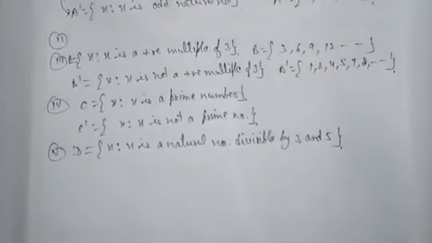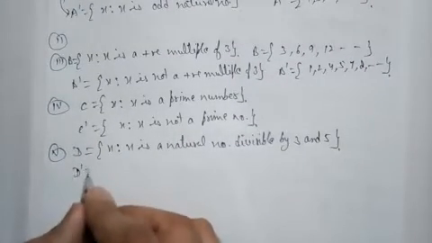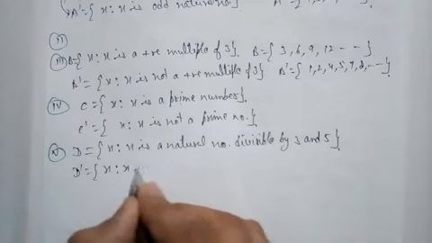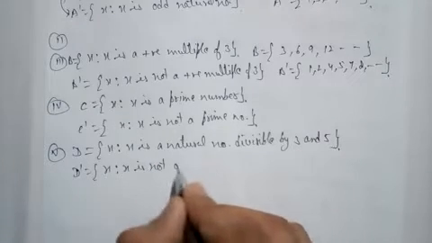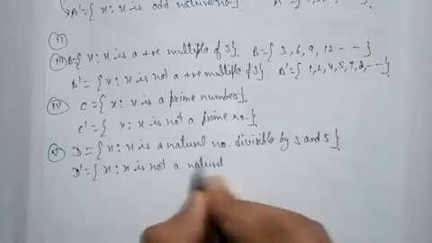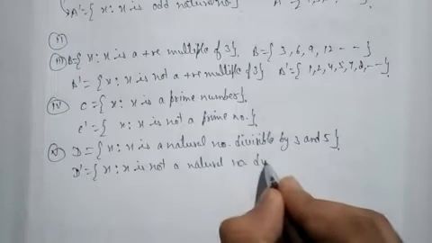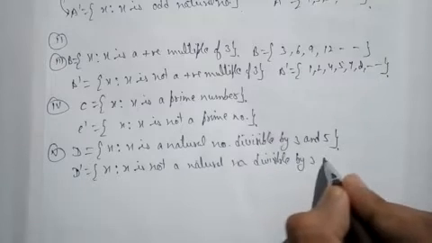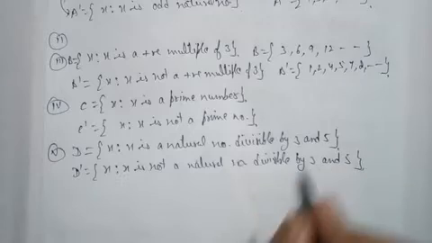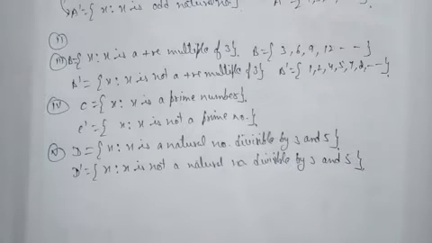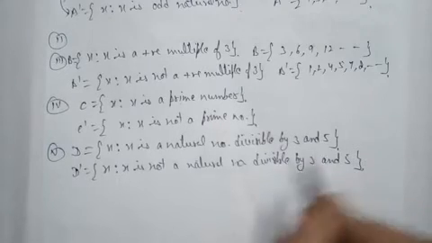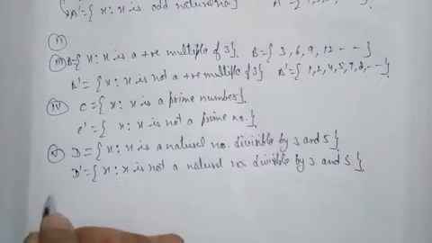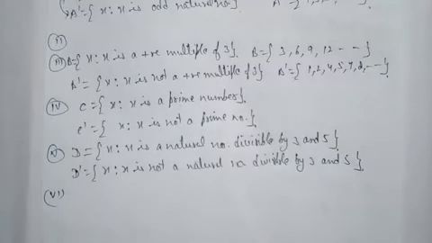If it is divisible by 3 and 5, then D complement is x such that x is not a natural number divisible by 3 and 5. 3 and 5 means divisible by both 3 and 5, means 15 like that, 15, then 30, then 45. If it were 'or', then it would be either one of them, or both could be possible. Clear.